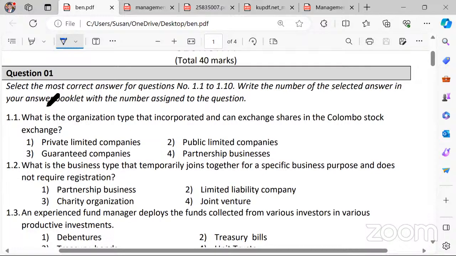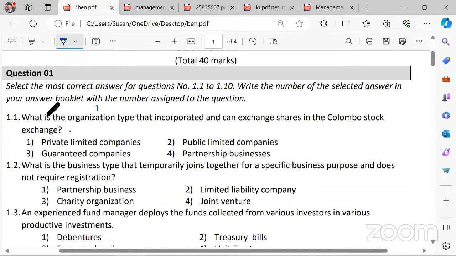Write the number of the selected answer in your answer booklet with the number assigned to the question. You write 1 and then the correct answer's number. At the end of the session, you have to share your marks with me. In between the session, you have to unmute your microphone and answer what I'm asking.